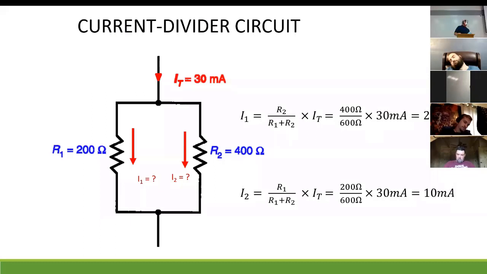All right, now current division. In a series circuit, the same current that flows through one resistor or element or load has to flow through all the other ones that are connected, because they're connected end to end. It's just like pipes.